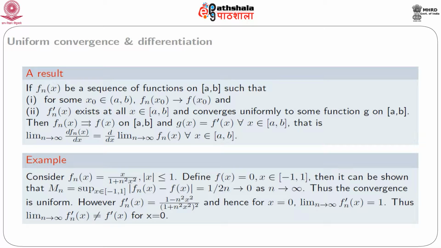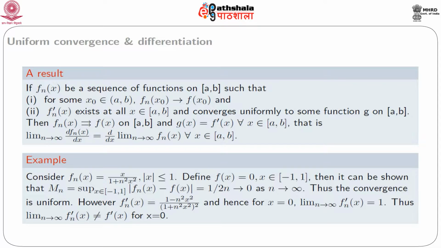That is, the limit as n tends to infinity of the first derivative of f_n(x) is the same as the first derivative of the limit function of f_n(x), and this holds for every x in [a,b].